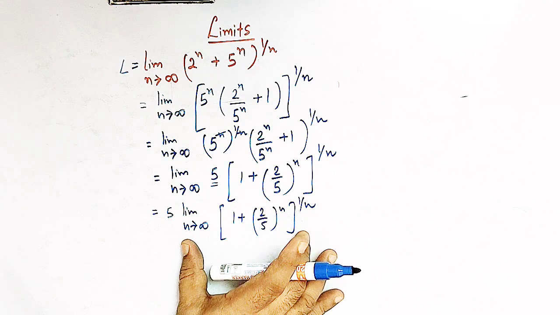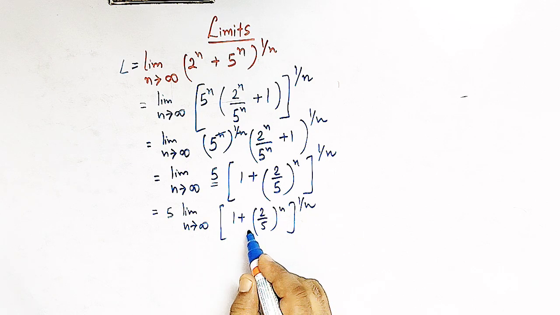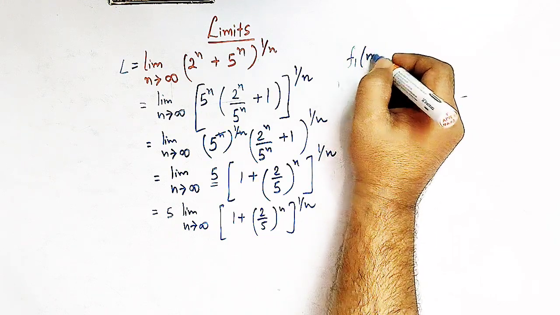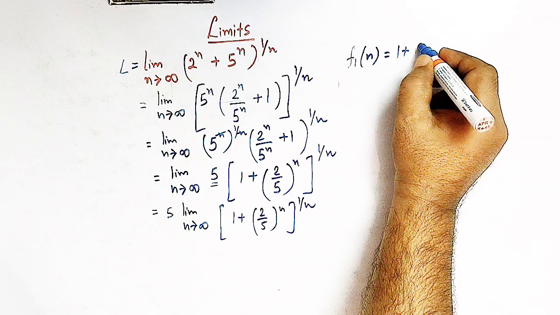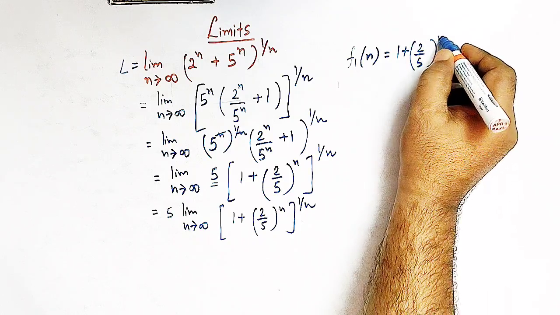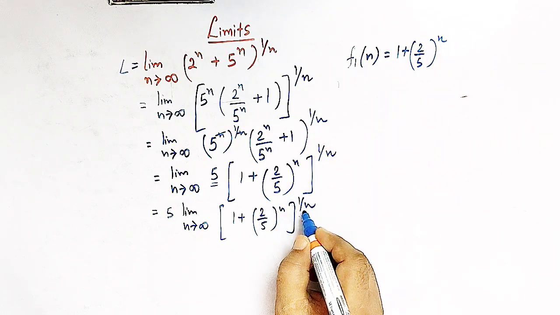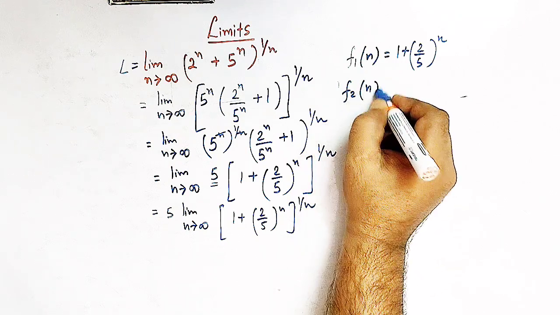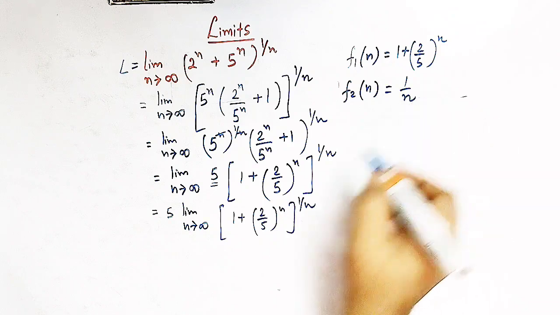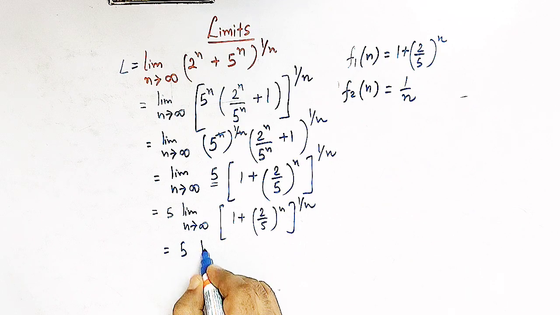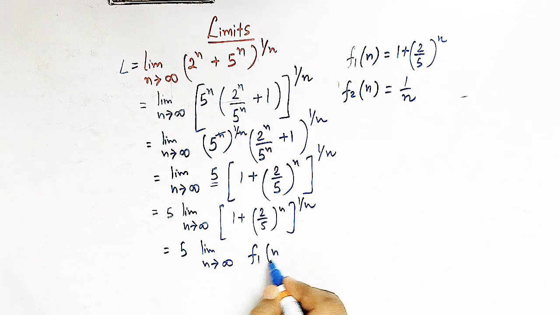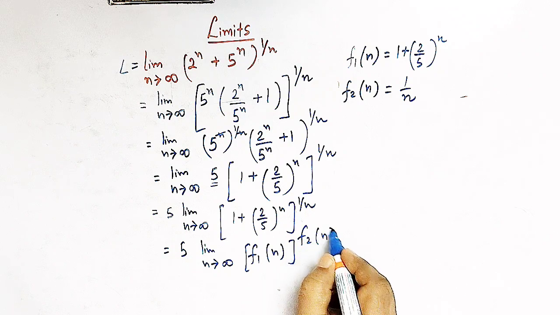Now see this limit. Here we have two functions. The first one may be taken as f1(n), which is 1 + (2/5)^n, and the second function, which is this exponent, may be taken as f2(n), which is 1/n. So now our limit becomes limit n tends to infinity of f1(n) raised to f2(n), right?